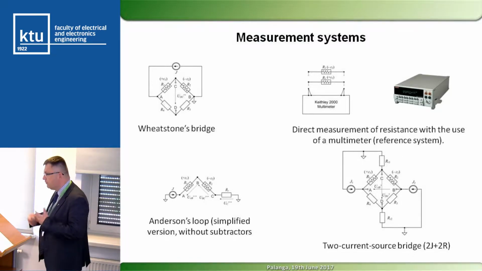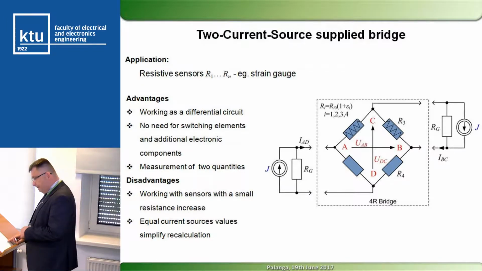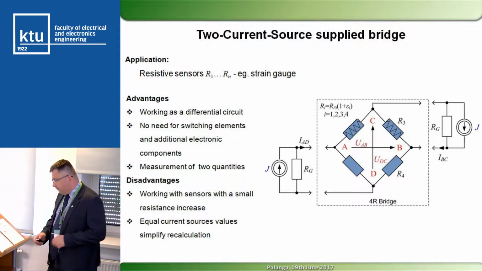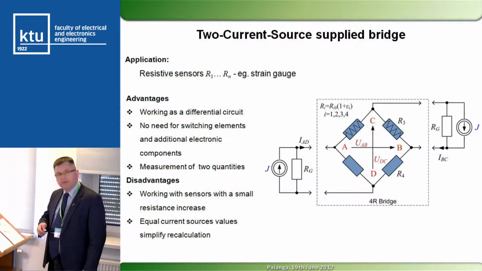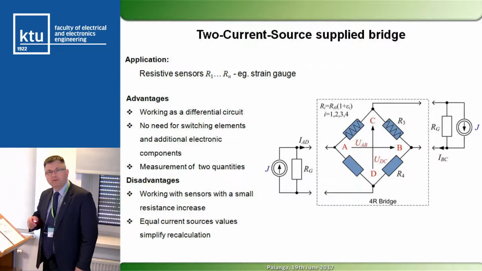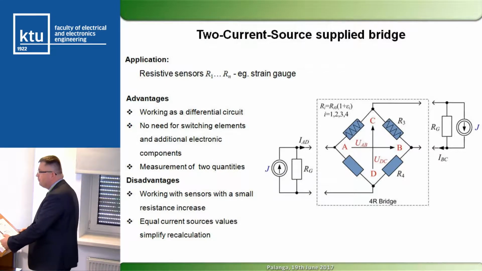Of course we have to do some calculation. Here we have an example of a two current bridge in which we have applied 2 current sources which should have identical electrical parameters.